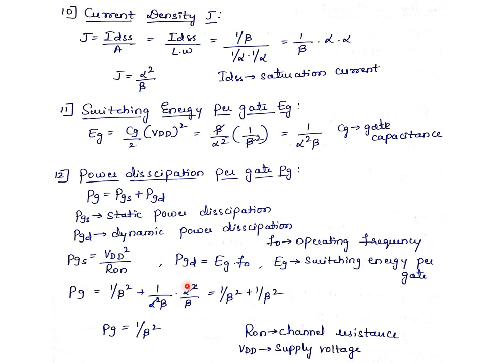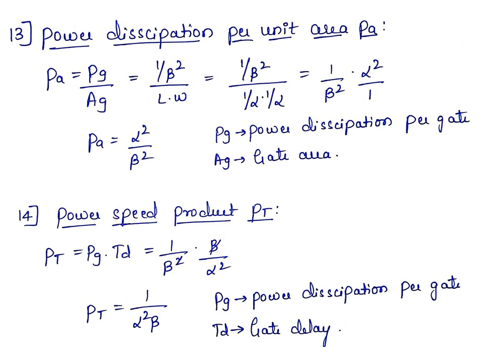What about F naught? F naught is scaled by a factor of alpha square by beta. If I do the simplification, here I'll be getting 1 by beta square plus 1 by beta square. Again, as I had told you, there is no addition and subtraction operation between these scaling factors. So simply I need to take 1 by beta square as the scaling factor for power dissipation per gate.